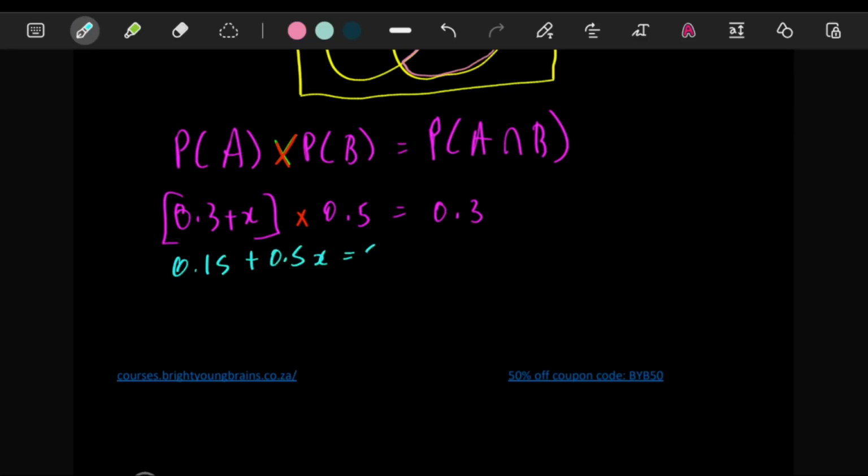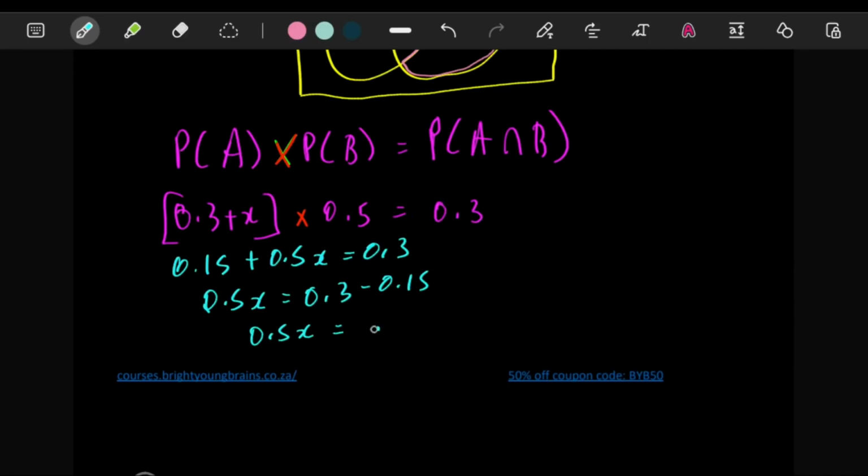And then here 0.15x. Solving for x, you can take this to the other side. It's going to be 0.5x equal to 0.3 minus 0.15. 0.3 minus 0.15 is another 0.15.